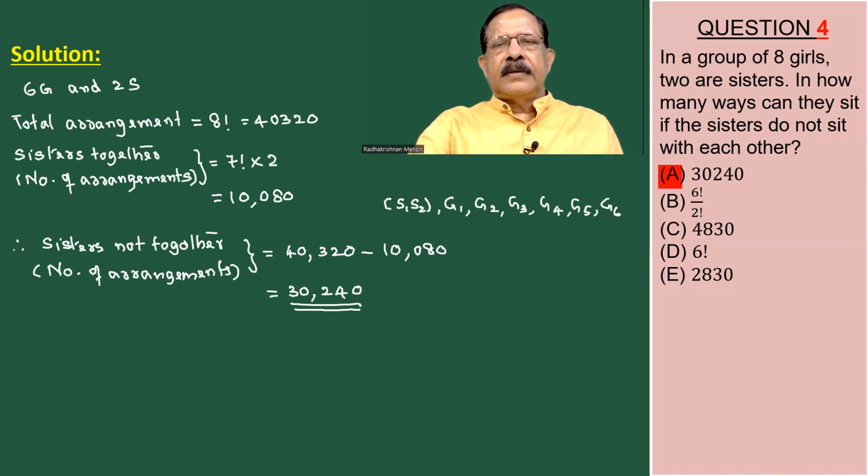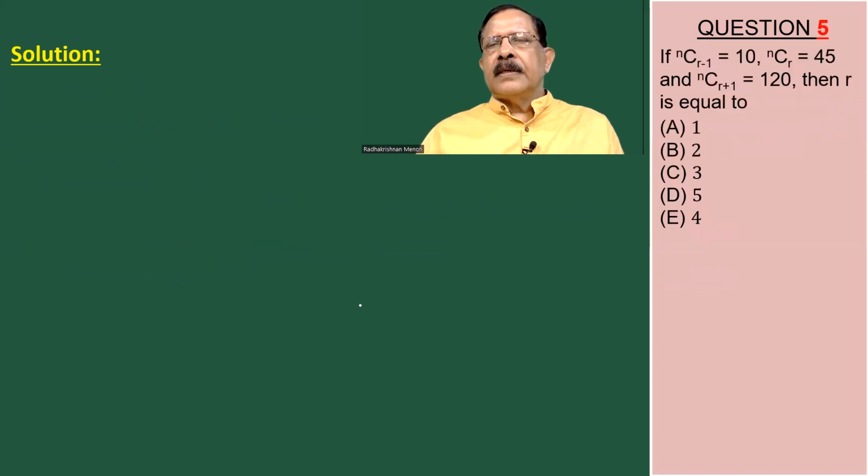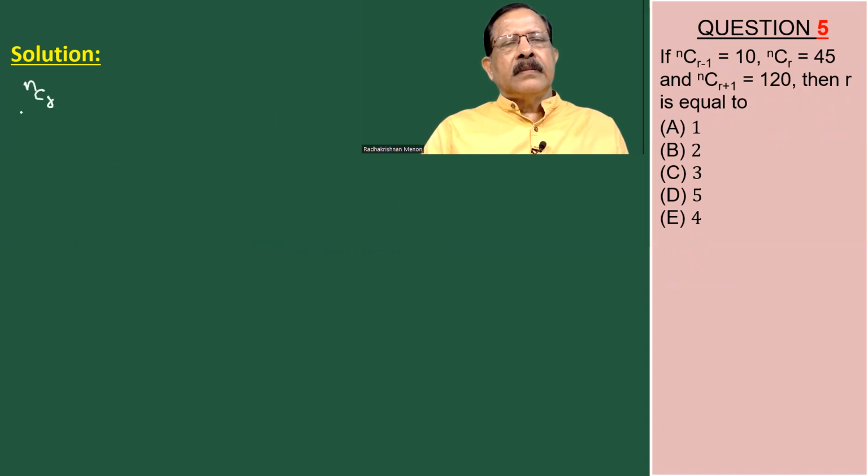Now next question. Okay. Results we are using for solving this question: nCr divided by nC(r-1). The formula is (n minus r plus 1) by r.